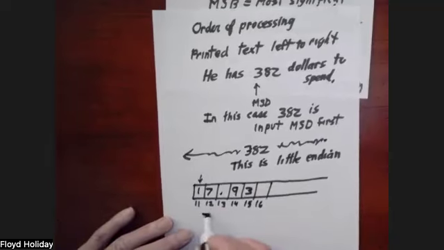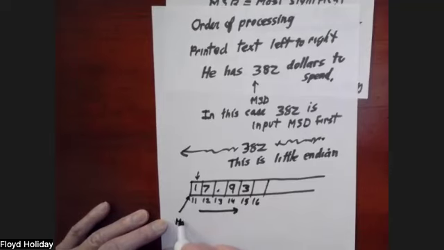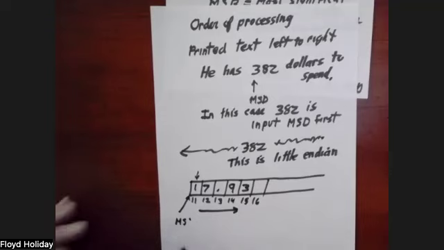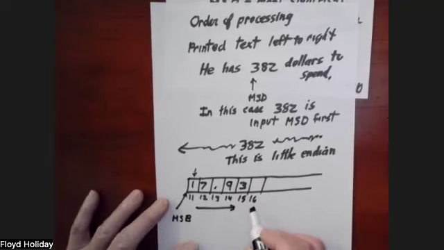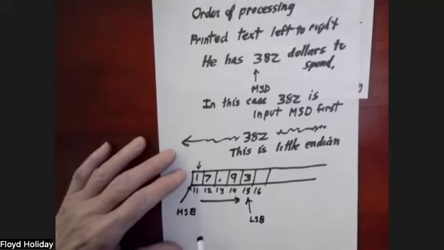So processing is in this direction, and 1 is most significant. I want to start saying bytes because that applies to us in programming. And this one is the least significant byte. The processing would be from most to least, and that's big Indian processing.